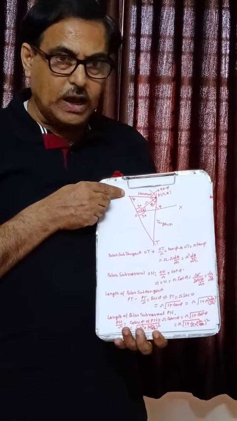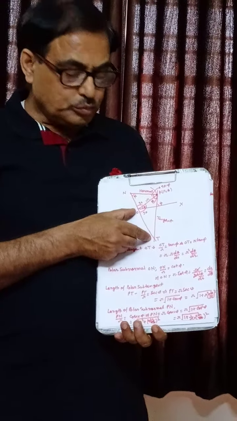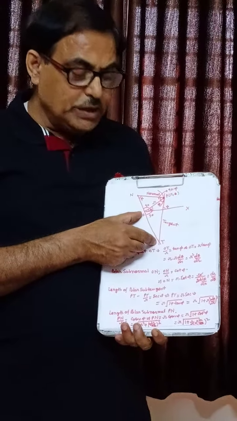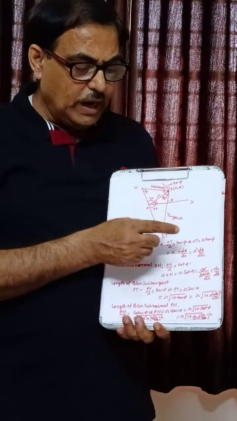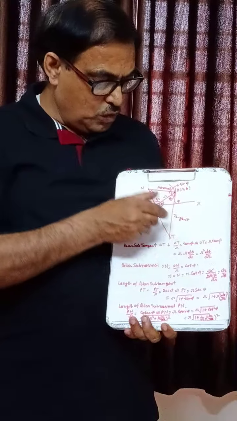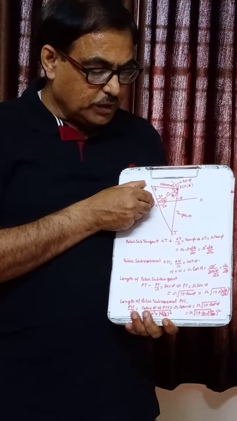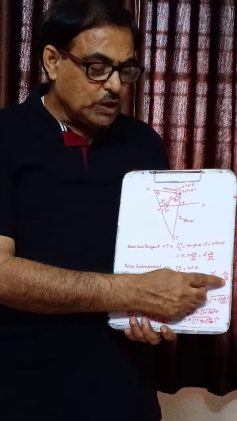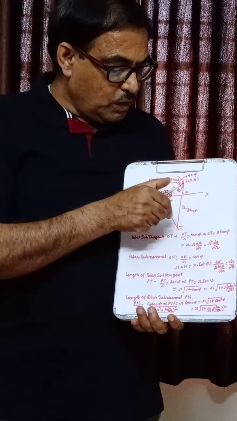So four things are clear. OT is the polar subtangent, and it is equal to r² dθ/dr. ON is the polar subnormal, and it comes out dr/dθ.